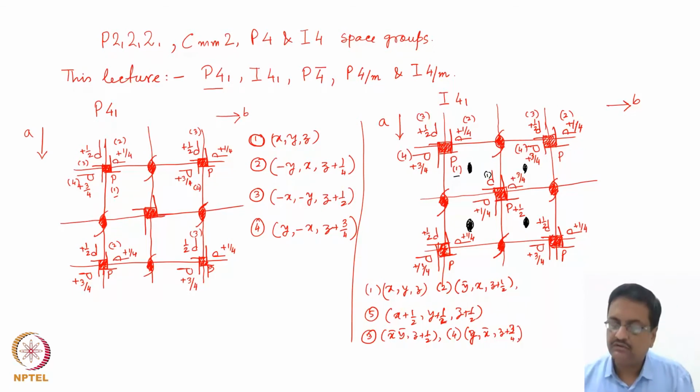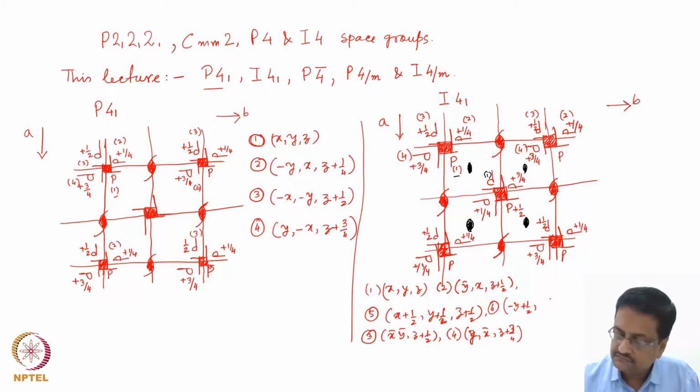These are the corresponding 4 points, 1, 2, 3 and 4. Then I have already written 5 there. So the point number 6 would be minus y plus half, x plus half, z plus 3/4.